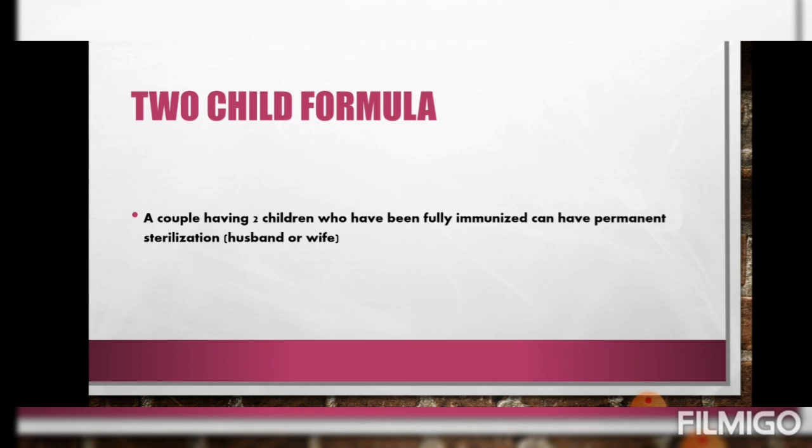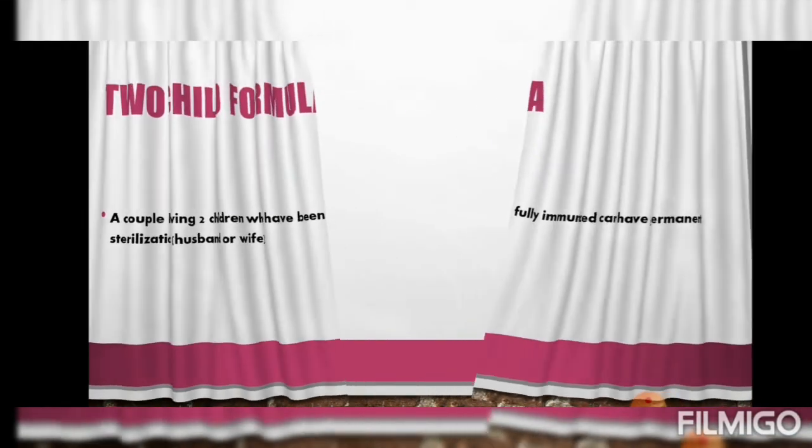So this was named the two child formula for their understanding. So I hope you have understood the different formulas in obstetrics, and about Nagel's formula and Johnson's formula, you can refer to my previous video. Thank you.